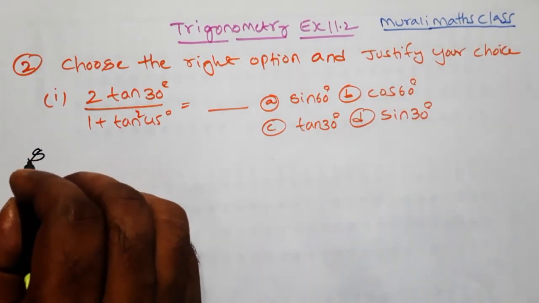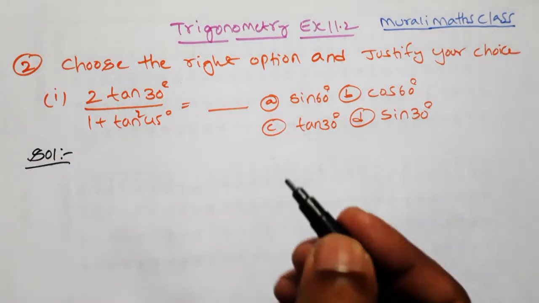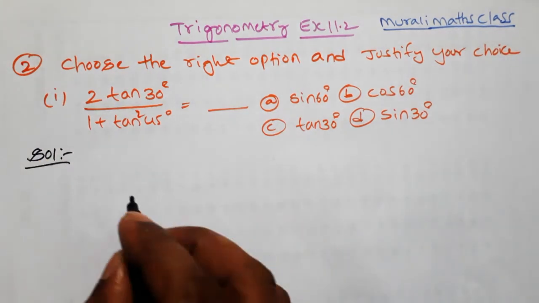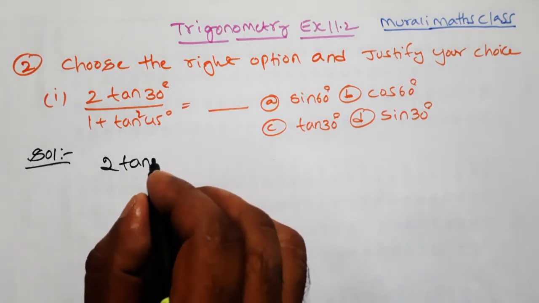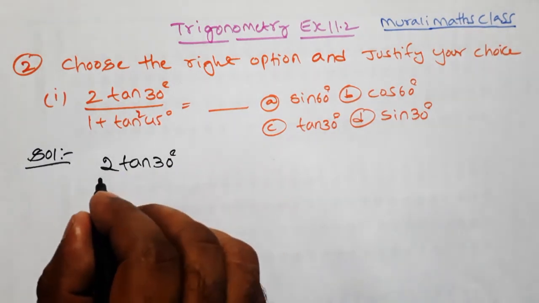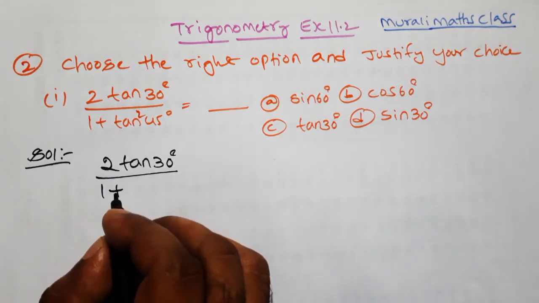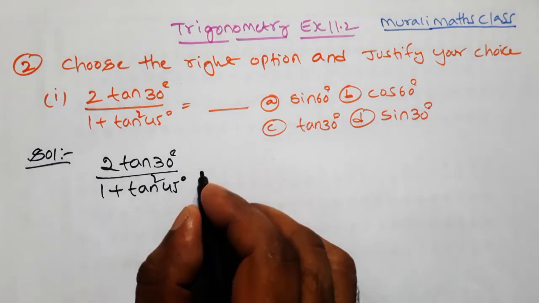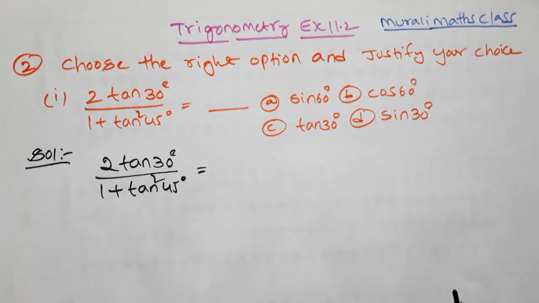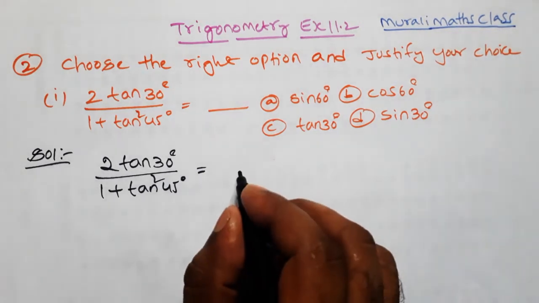Solution. How to find? First we will write what they gave in the problem, that is 2 tan 30 degrees divided by 1 plus tan square 45 degrees equals. Now we need to substitute these values.